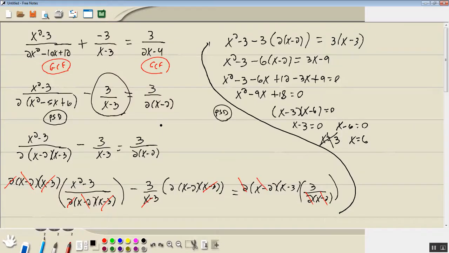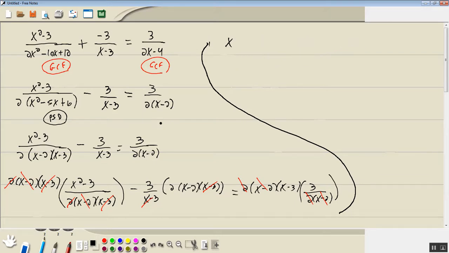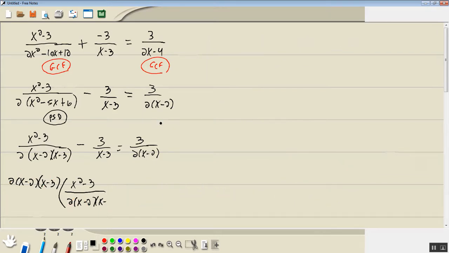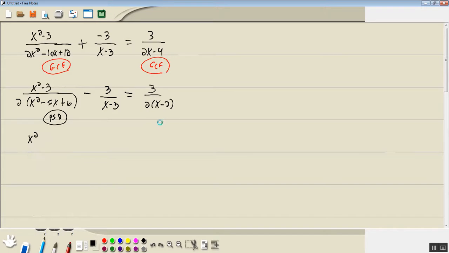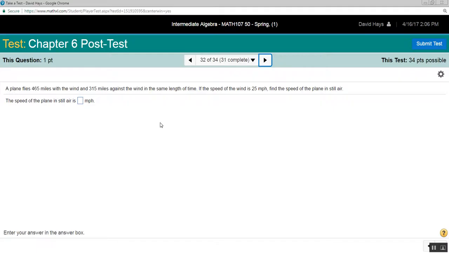Oh, great. Another plane. Or another word problem. A plane flies 465 miles with the wind and 315 miles against the wind, same length of time.